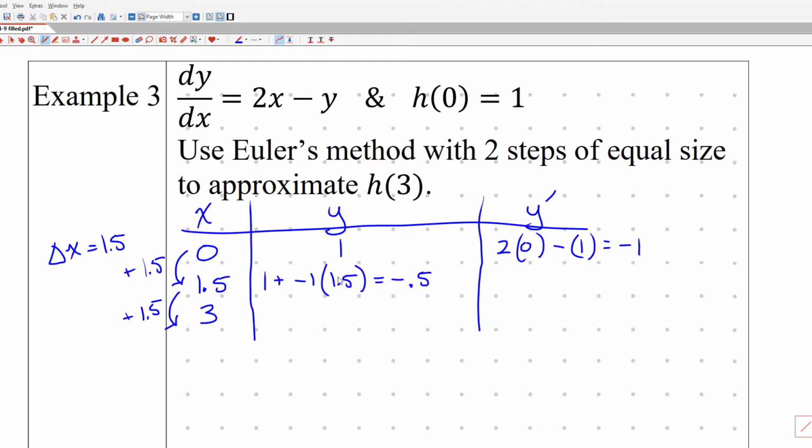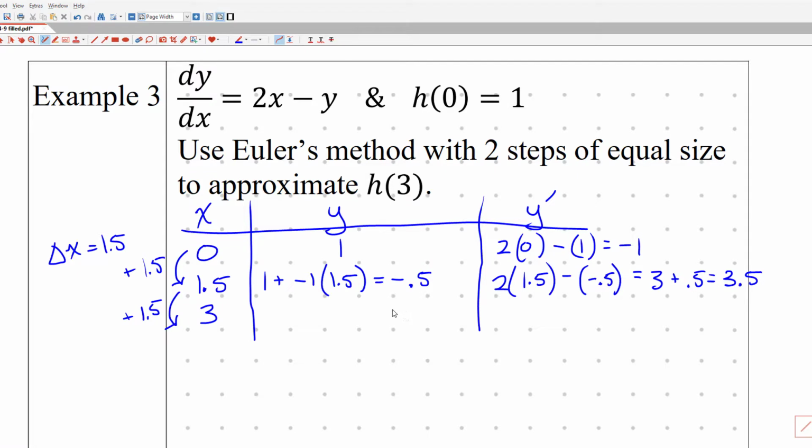Okay, so we have our x and our y. Let's plug it back into our derivative to figure out what our new y prime is. So 2 times our x coordinate, which is 1.5, minus our y coordinate, which is negative 0.5. And what is that going to be? This is going to be 3 plus 0.5, which is just 3.5.